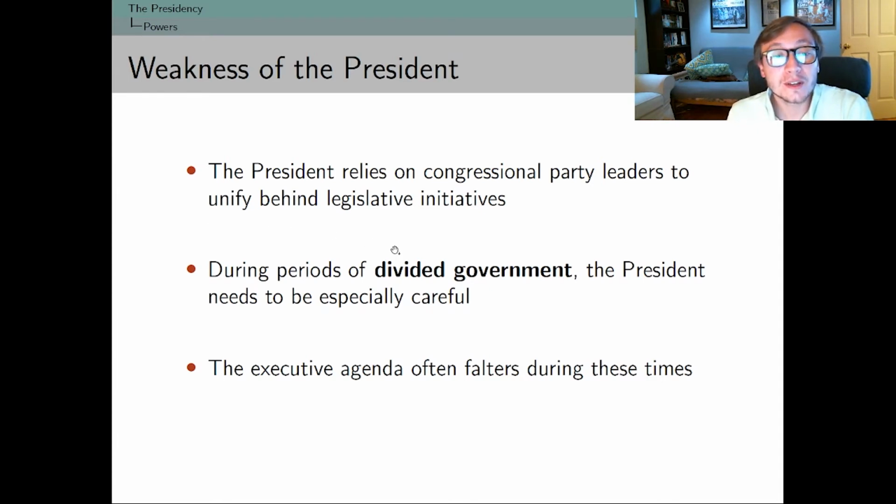And so the president, of course, needs to partner with congressional party leaders. Donald Trump and Mitch McConnell obviously are working very closely together to do things like nominate Supreme Court justices. But it's very hard to do this during periods of divided government. So the president, in this case, needs to be very careful of public opinion, especially because passing laws is so difficult, and the executive agenda, that is the wish list of items that the president wants to accomplish in their four years in office, often starts to fall by the wayside.